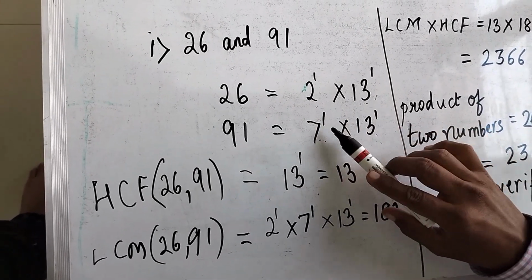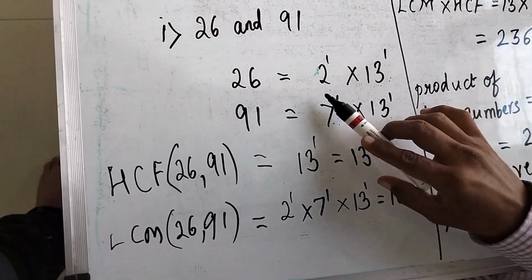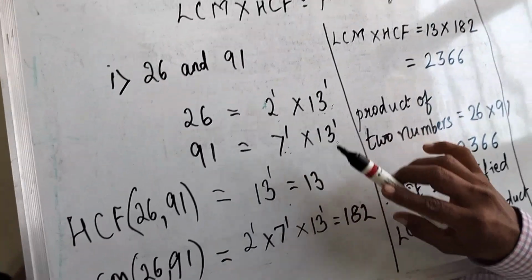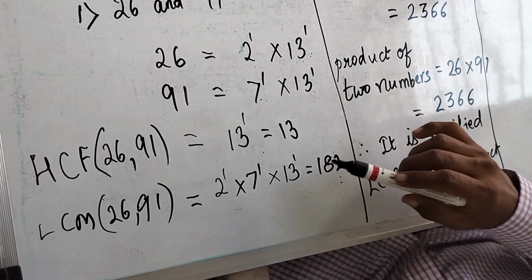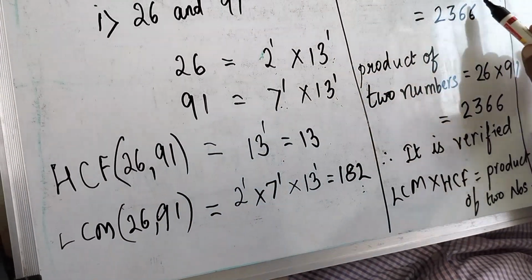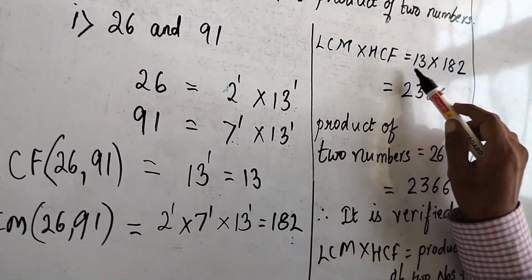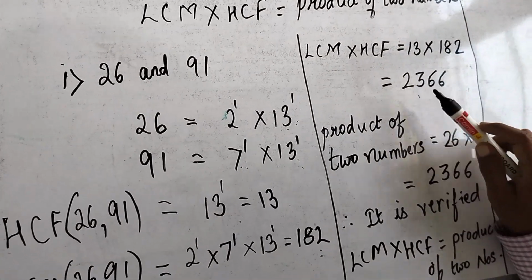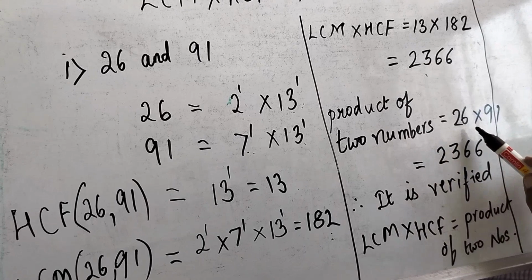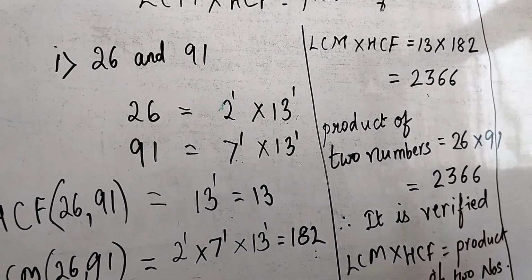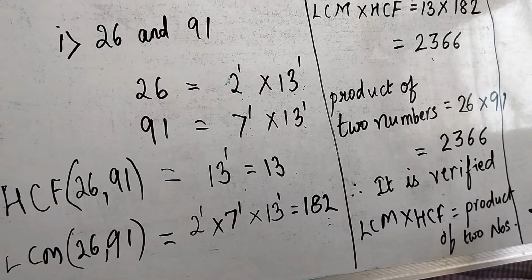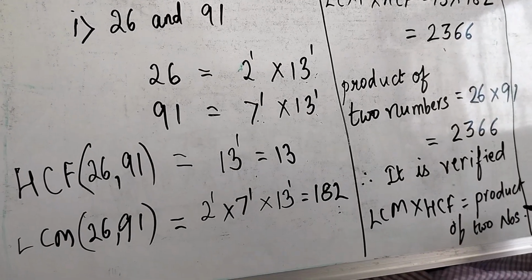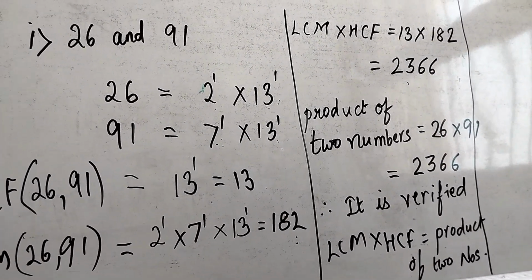We are going to get the LCM and HCF. When there are two numbers, we can verify this also. That is, LCM into HCF is 2366, and the product of the two numbers is 26 into 91, that is 2366. Hence it is verified that LCM into HCF is equal to the product of the two numbers.